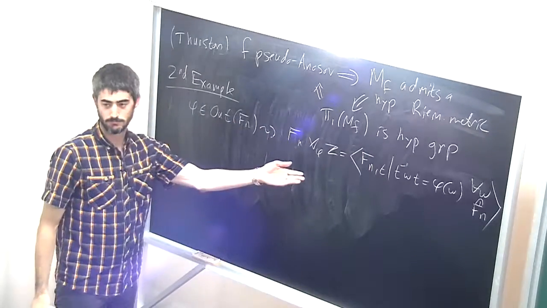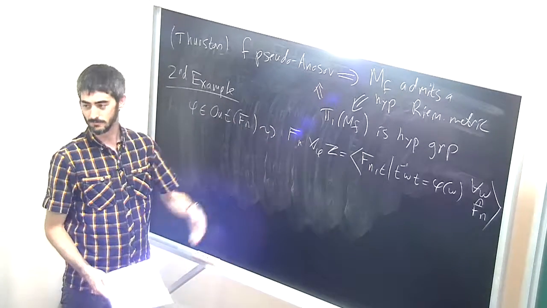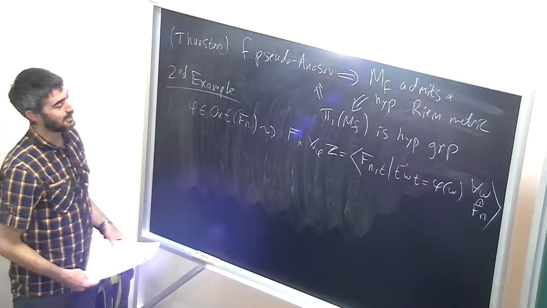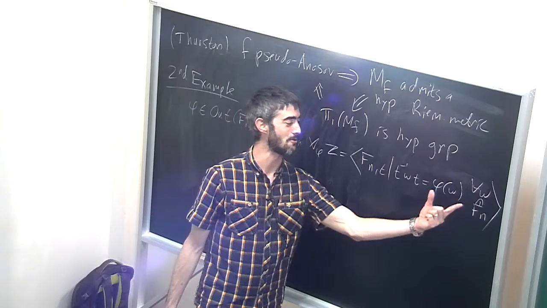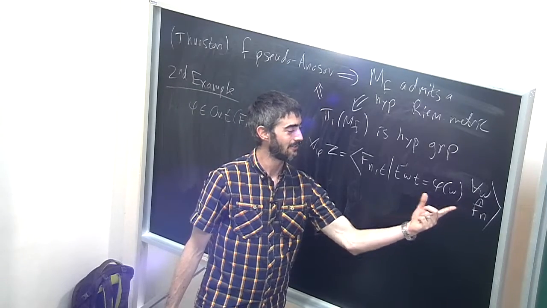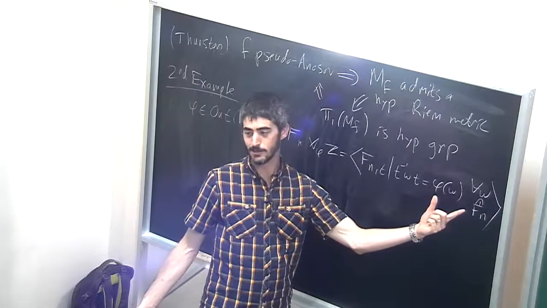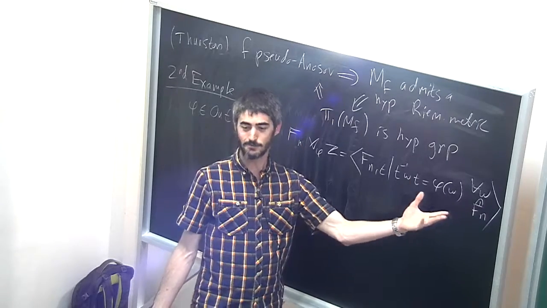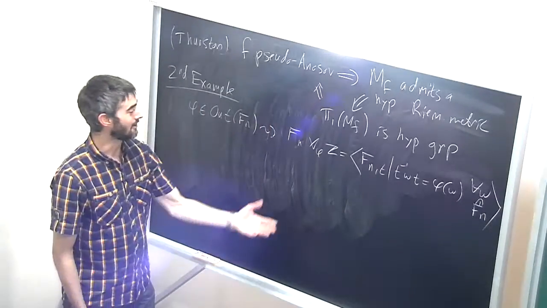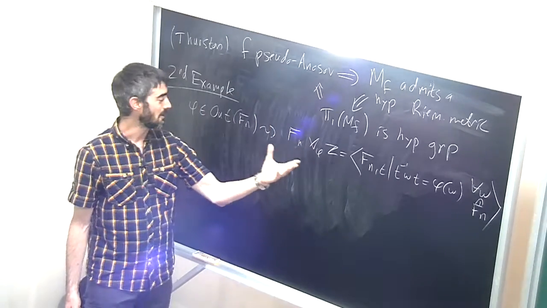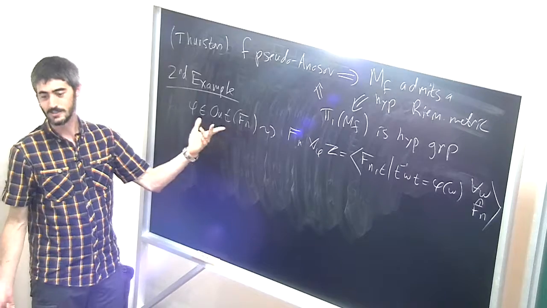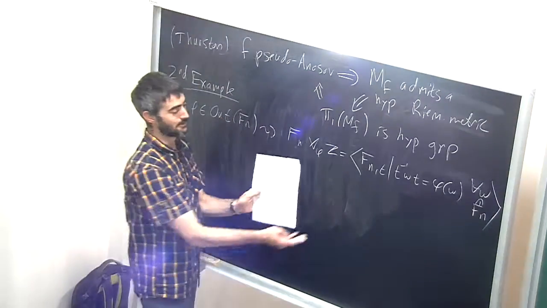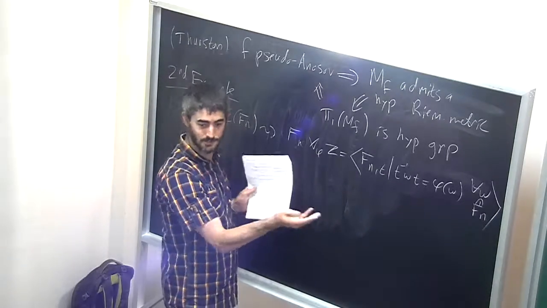It's an example of an HNN extension that we learned about earlier in the week. When you write this down, maybe you wonder, what is this element? I don't know, because I only have an outer automorphism class. So really you should pick an automorphism of the fundamental group to write this down. But it turns out that the group you get only depends on the outer automorphism class. You can check that if I take two different automorphisms that differ by an inner automorphism, the resulting groups are isomorphic to each other. So it kind of doesn't matter.